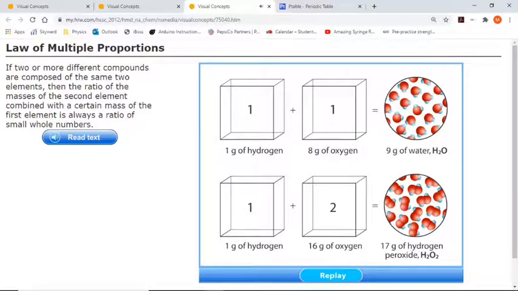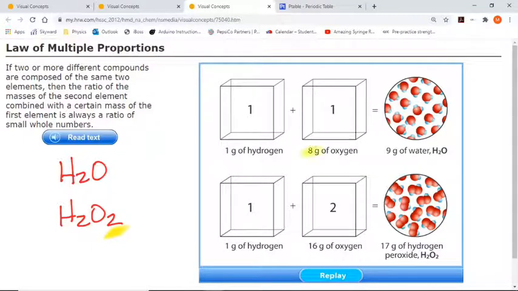Okay, so again, she was talking about the fine point that you've got there at the end of this particular law, but I am going to simplify it into what she was stating. If you are using the elements hydrogen and oxygen to make up these two compounds, you have respectively the same amount of hydrogen in each one, but you can tell in the second example there's twice as much oxygen.